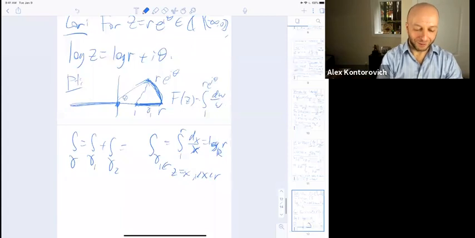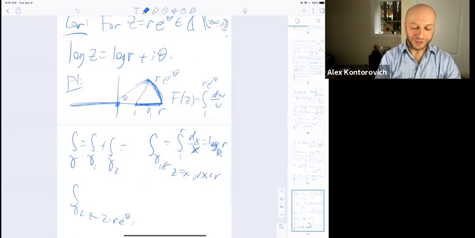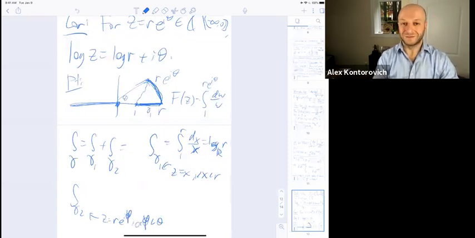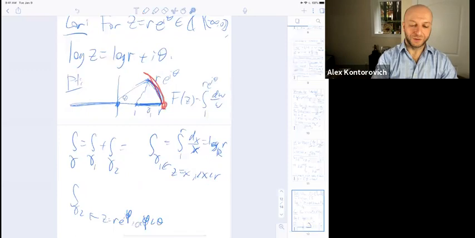And how about the integral over gamma 2? On gamma 2, this radial bit, z is equal to r e to the i phi. r is fixed. I can't call it theta, so phi ranges from 0 to theta. Phi is this angle, ranging from 0 to theta, possibly minus, but the sign will take care of itself.